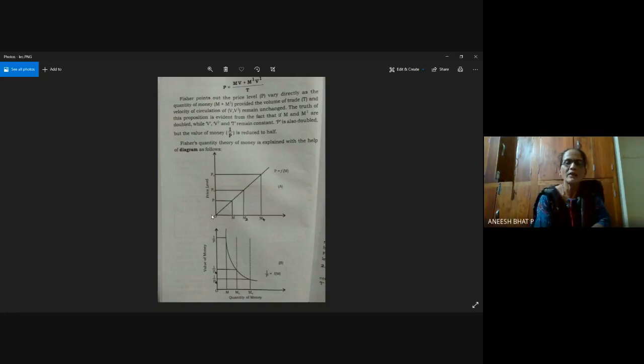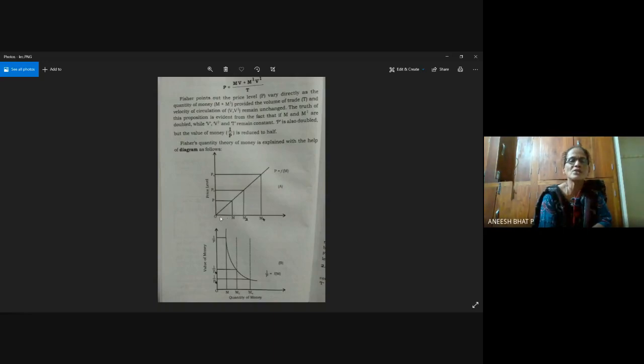Fisher's theory can be easily understood with this diagram. In the OX axis, we are measuring the quantity of money in circulation. In Fisher's theory, the quantity of money includes both currency notes and coins, and at the same time bank money also. It's the total supply of money, which is represented on the OX axis.